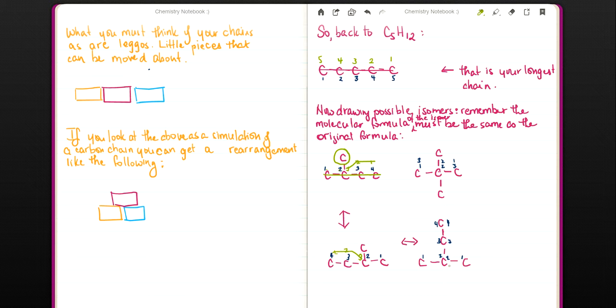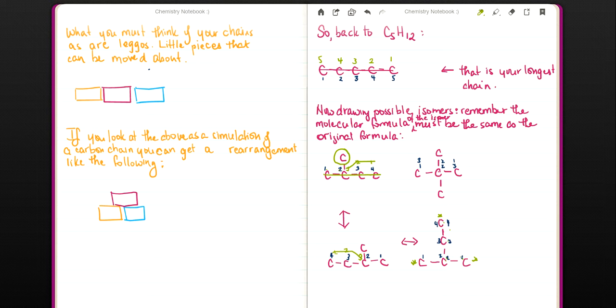It might be a little bit tricky, but what you would have to do is look for your longest chain. So usually I would tell my students to count from any end. You have an end here, you have an end here, and you have an end here. You can start saying 1, 2, 3, 4. That's 4. 1, 2, 3, 4. So now you know that you have the same amount of carbons going in either direction.